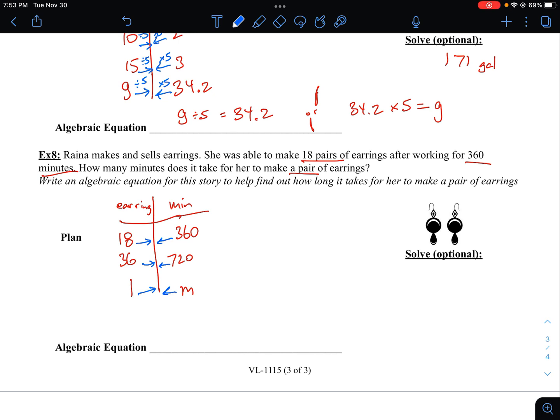Well, if you multiply 18 times some number, that's going to get you 360, or 360 divided by some number is going to get you 18. And that's actually going to be our equation.